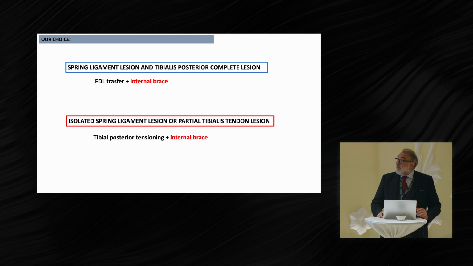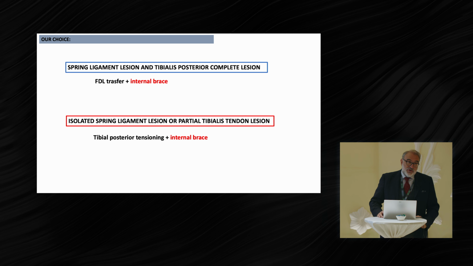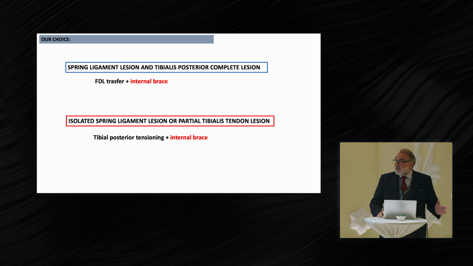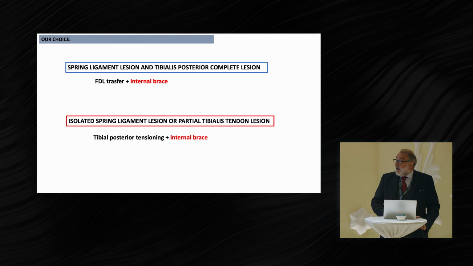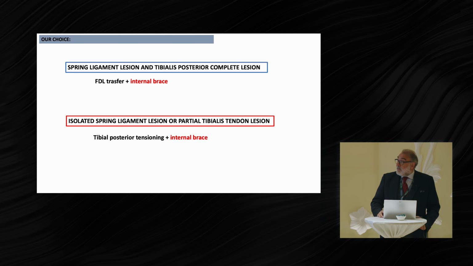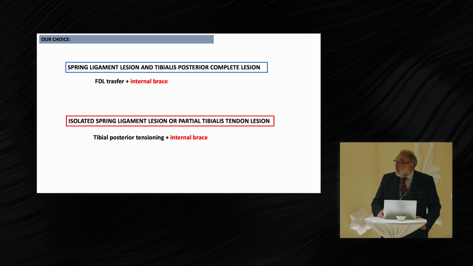If we have a complete lesion of the tibialis posterior, we have to perform FDL transfer and internal brace. If we have a partial lesion, we can use the remaining part of the tibialis tendon and apply the internal brace without sacrificing the flexor digitorum longus.